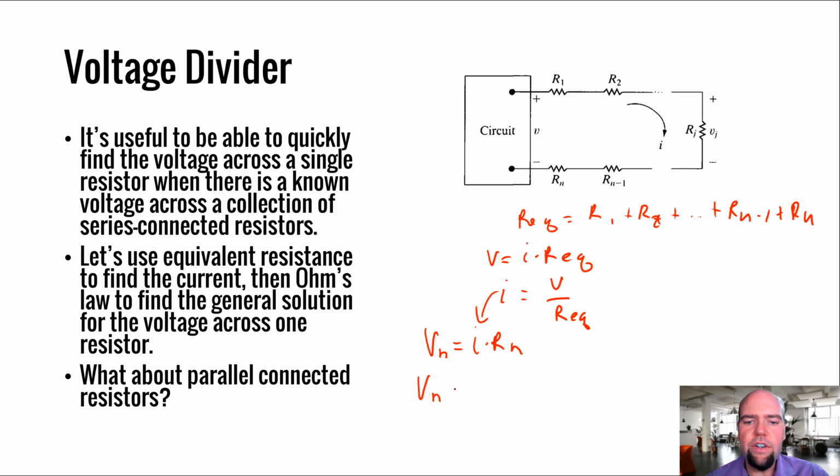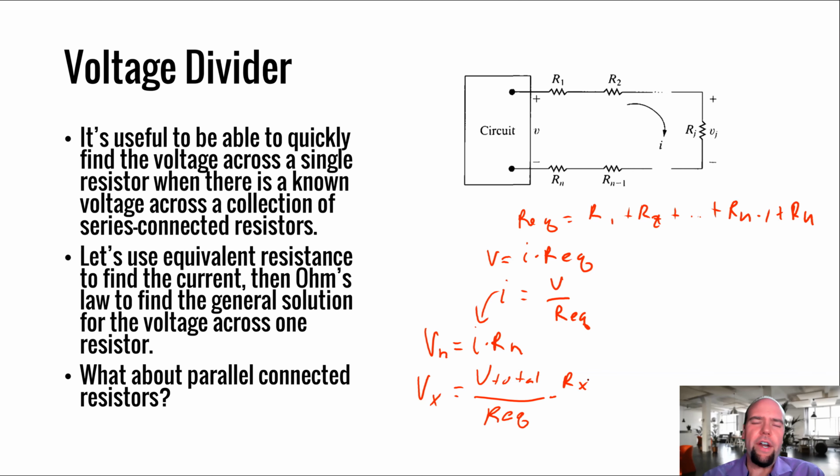Now, actually I think the book says X. The voltage across resistor X is equal to the total voltage, where this V here is the total voltage across all of these resistors connected in series, divided by the equivalent resistance, so the total voltage times this ratio: Rx, the resistance of the particular resistor we're trying to find the voltage across, divided by the total resistance of all those resistors.